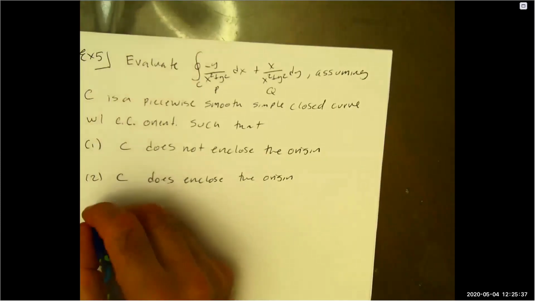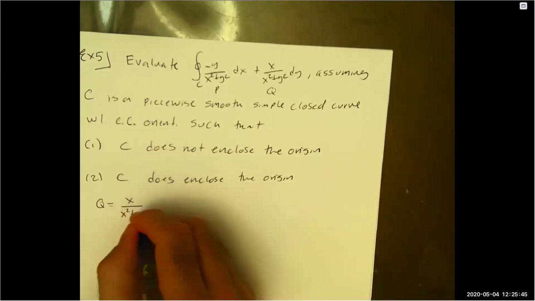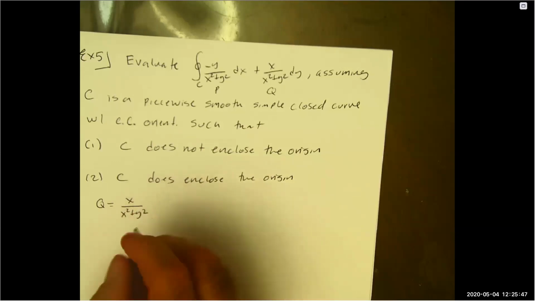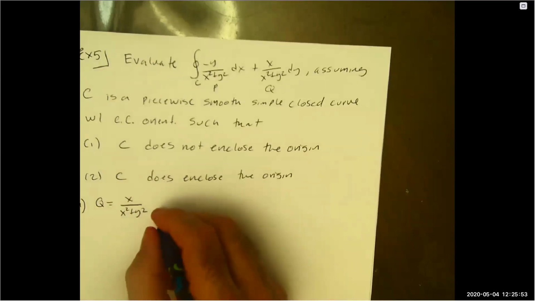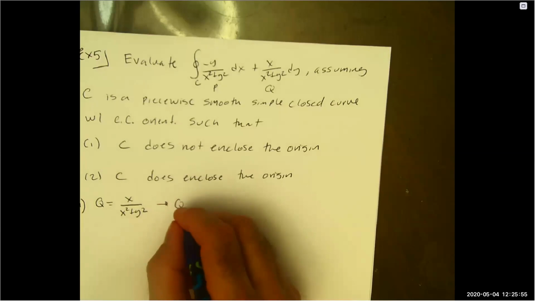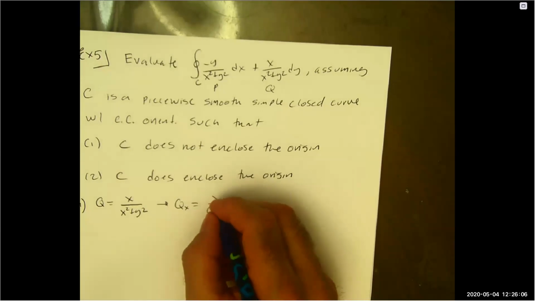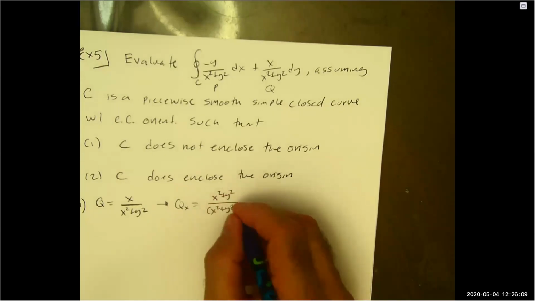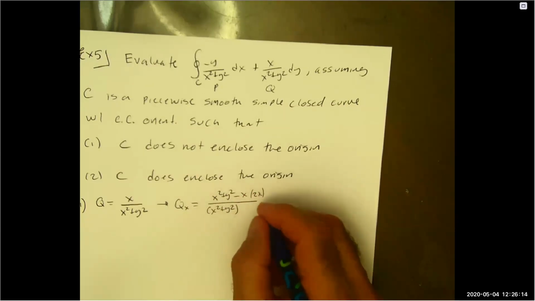If Q is equal to x over x squared plus y squared, then for Qx we're going to have to use the quotient rule. So we'll start by squaring the bottom. And then we have the low times the derivative of the high, which is x squared plus y squared, minus the high times the derivative of the low, which is 2x.